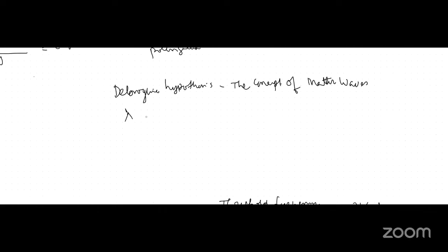This lambda is given by h by p, which equals h by mv. Here p is the momentum, v is the speed or velocity, and m is the mass.